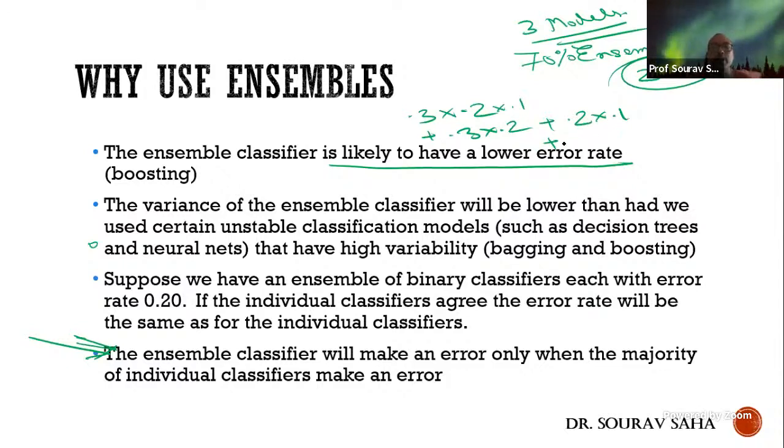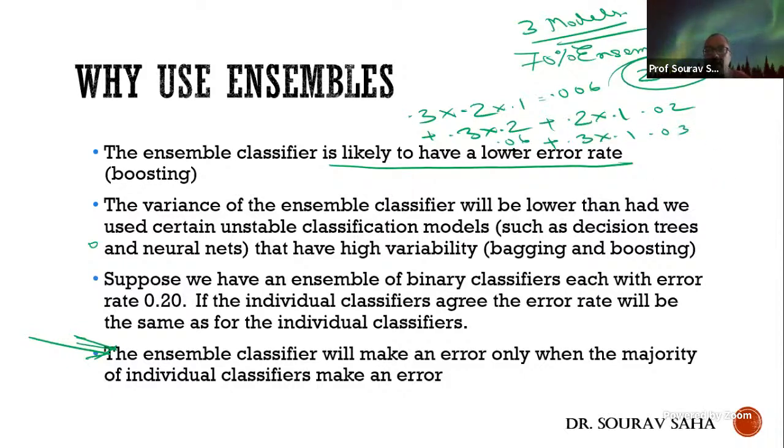So only when the majority of the models go bad does this ensemble go bad. The ensemble basically takes the majority decision. So let's compute the error rate. 0.3 into 0.2 is 0.06. 0.2 into 0.1 is 0.02, and 0.3 into 0.1 is 0.03.